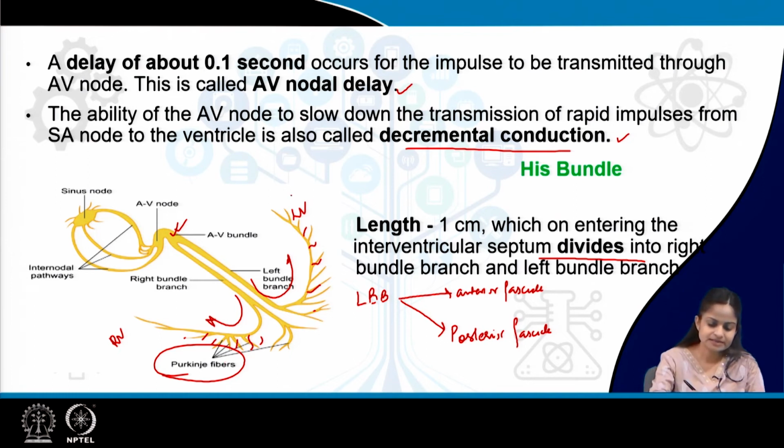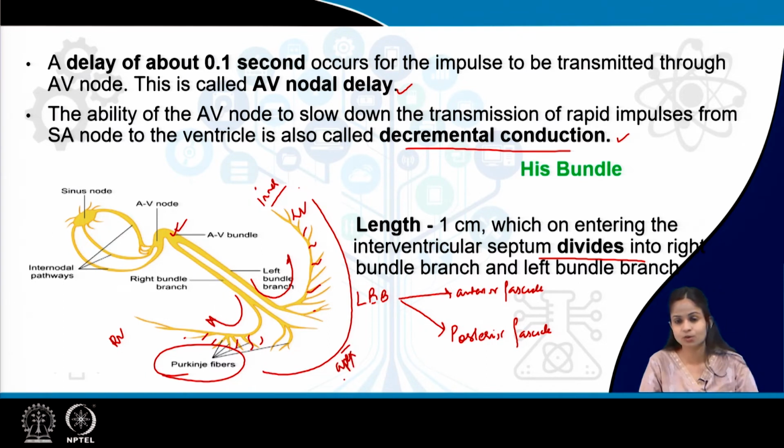Subendocardial means the inner side of the myocardium, and here we have the apex of the ventricle. So, this is the outer side of the myocardium. Towards the inner side of the myocardium, the Purkinje cells, or these fast conducting fibers, give off branches.